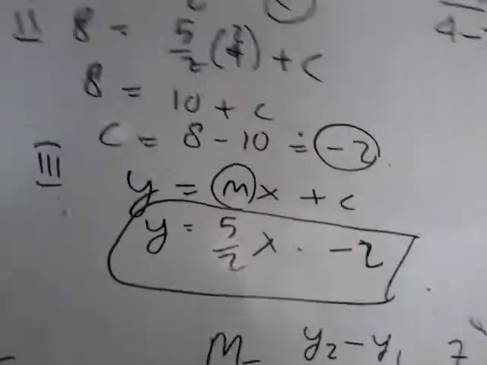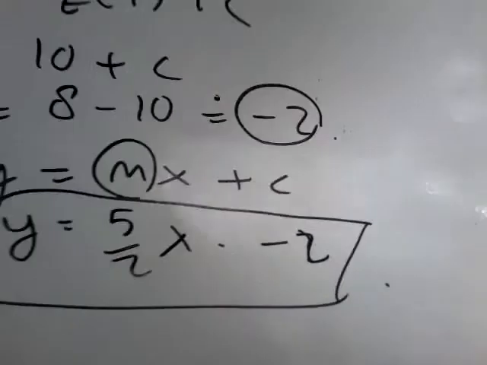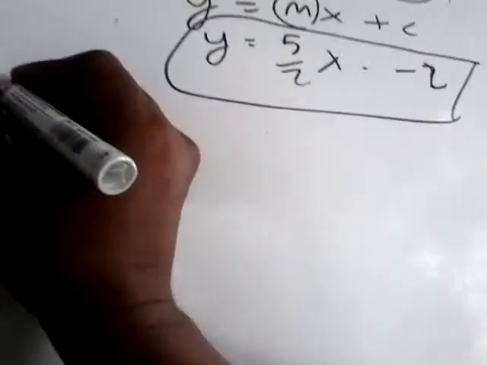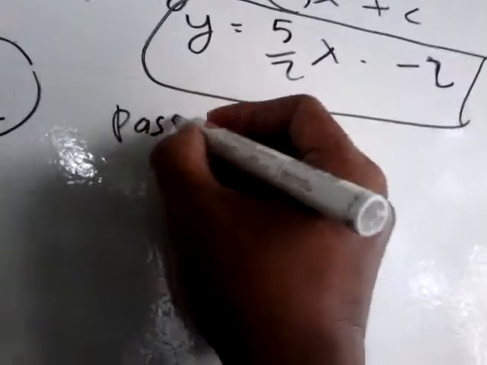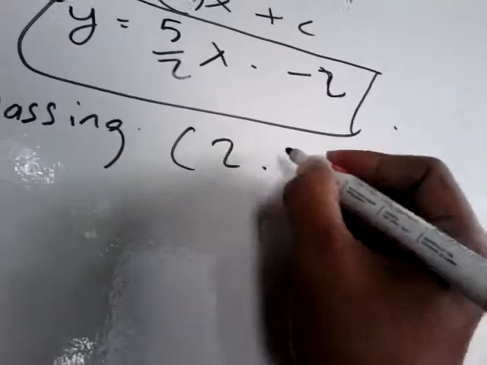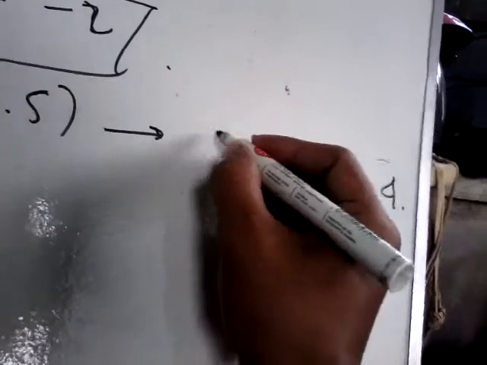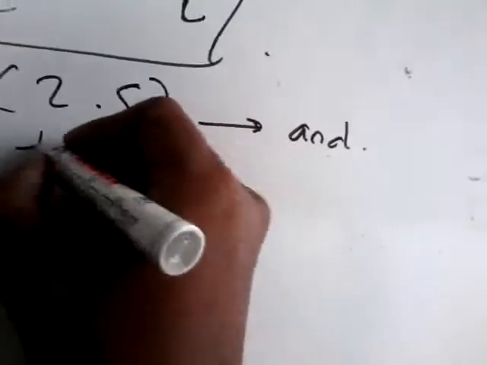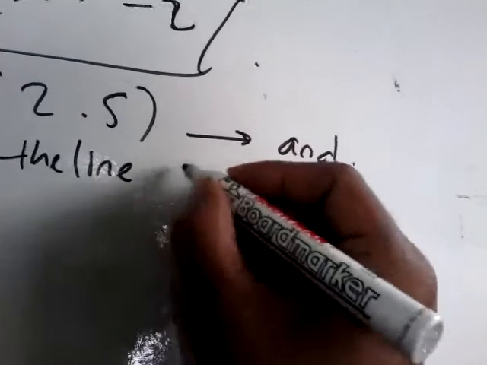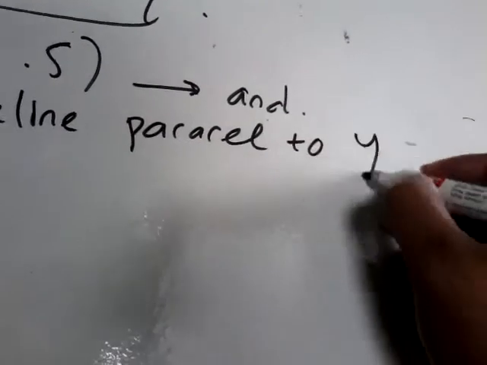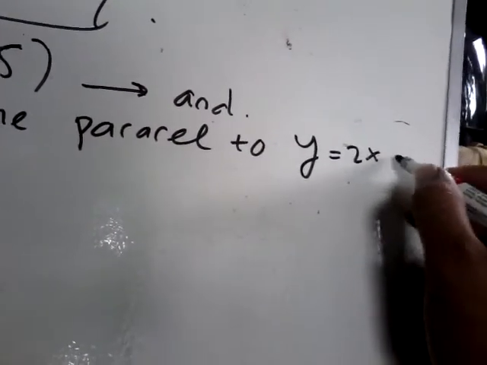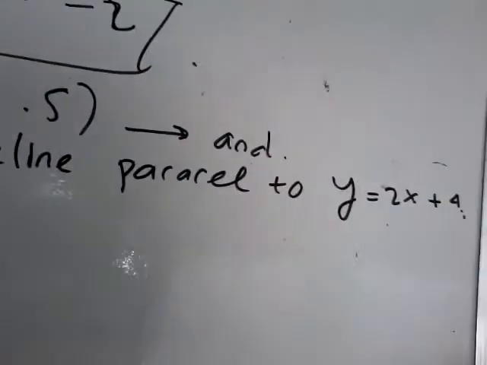Okay. How about this one? How can you find the equation of the line passing through (2,5) and parallel to y equals 2x plus 4, for instance?